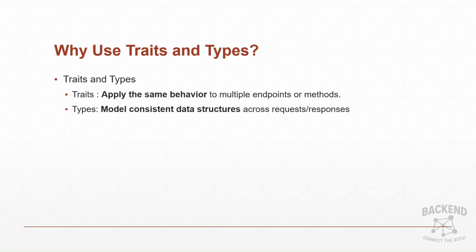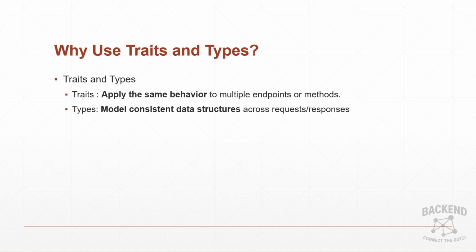Coming to types, a type is nothing but a data structure. If you are expecting the same request for two endpoints, for example, we have a post method called post user on the user data endpoint in your RAML.